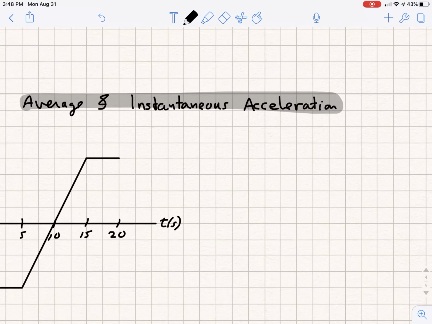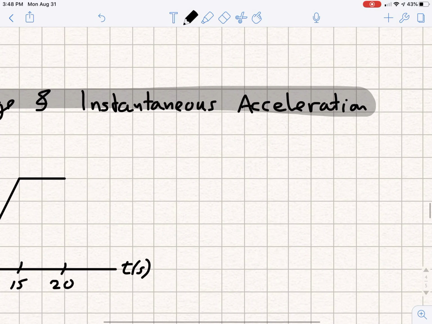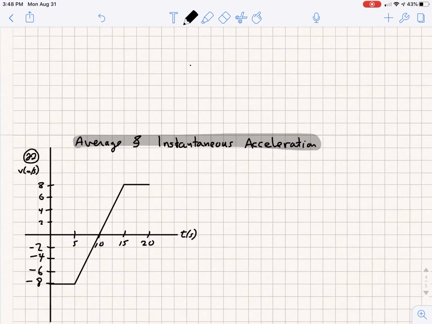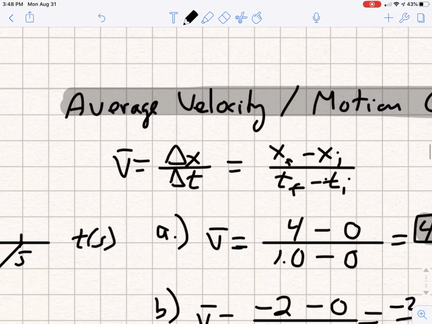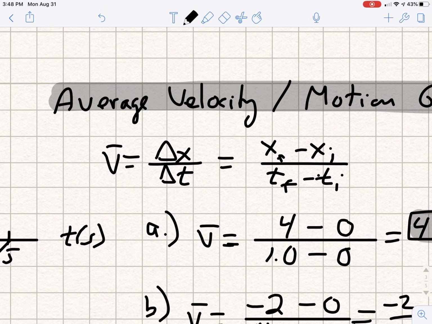Now, just as we had a concept for average velocity, and we could find average velocity in two ways, we could find average velocity by using the formula change in position over change in time. Reality is, this is really just the slope of a position time graph.